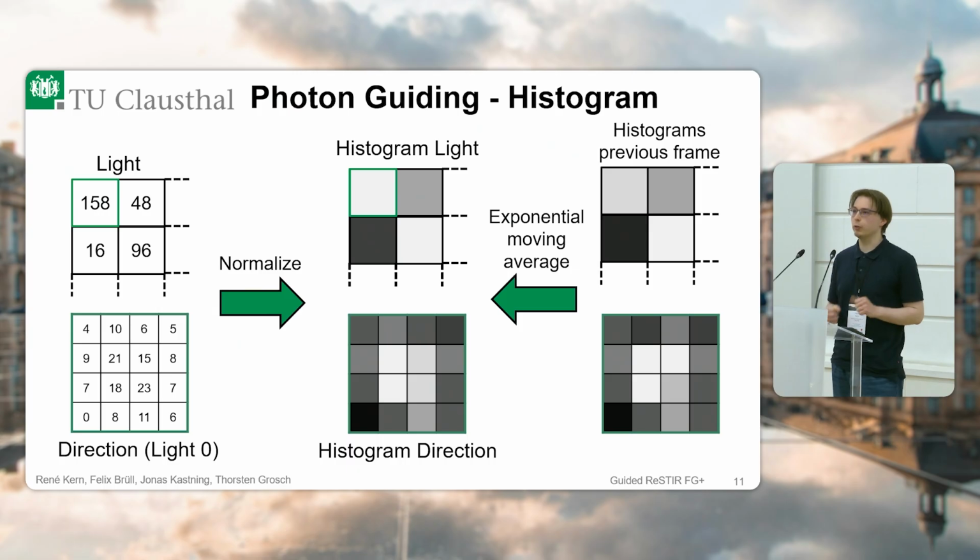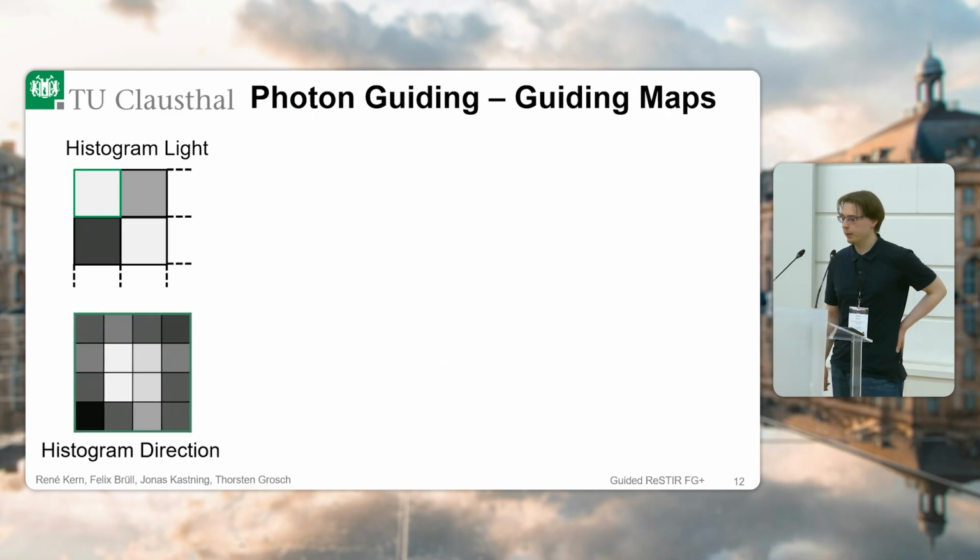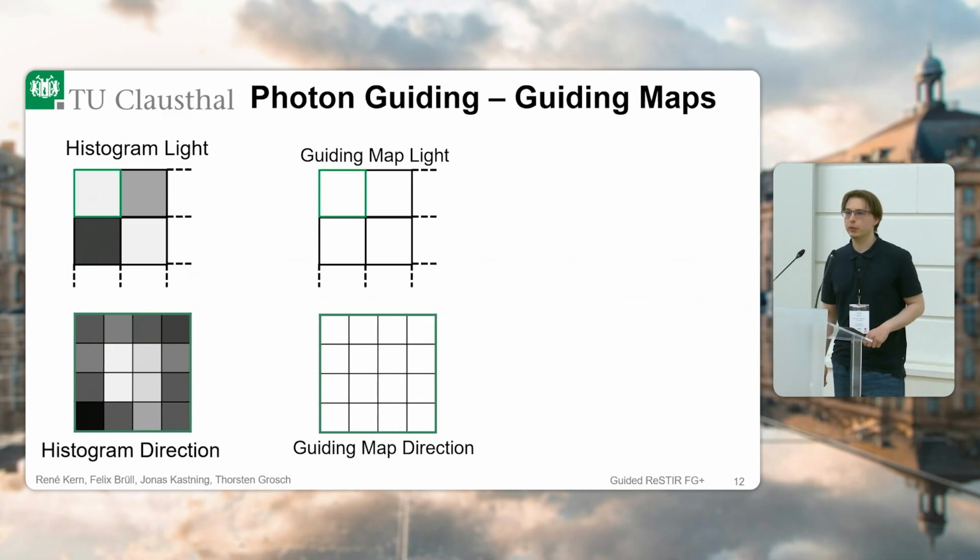An exponential moving average is very well suited for real time, as it adapts very quickly to changes. These histograms will then be converted into our guiding maps, and a guiding map cell basically contains the number of photons we want to trace for that cell.